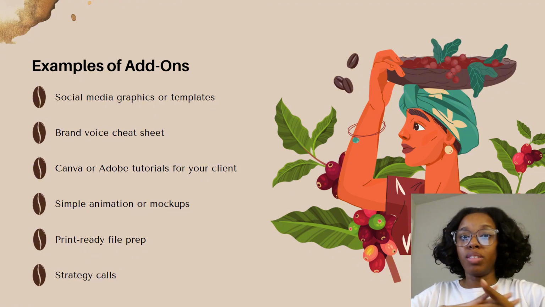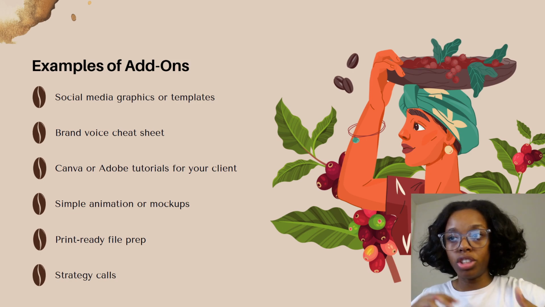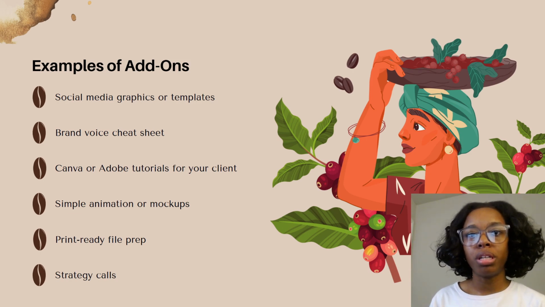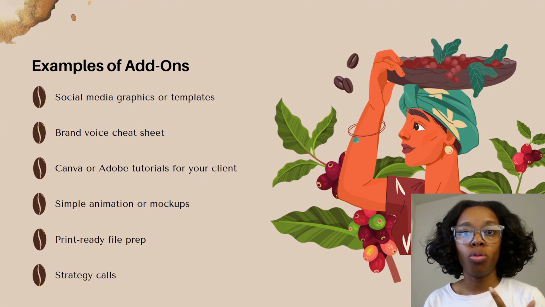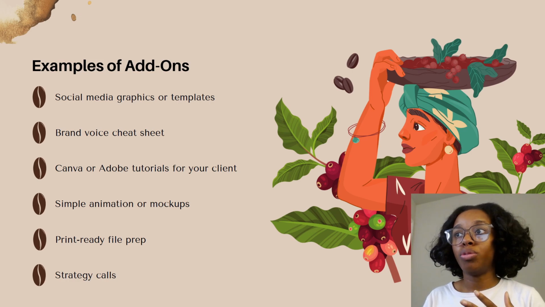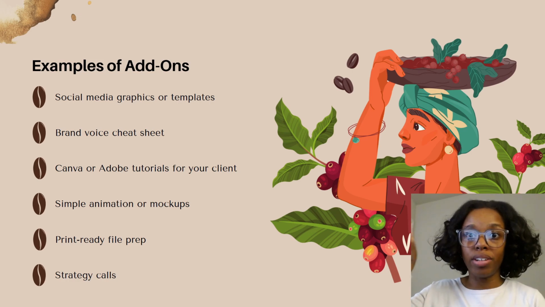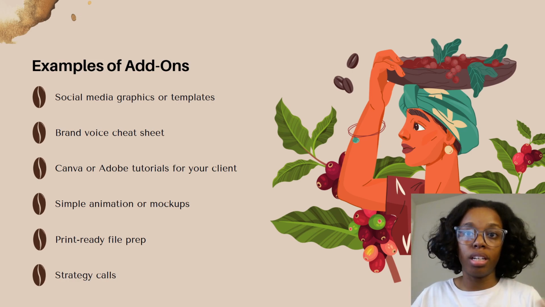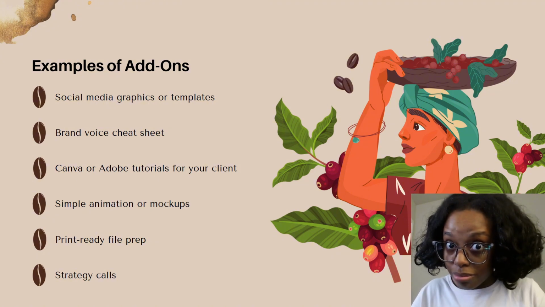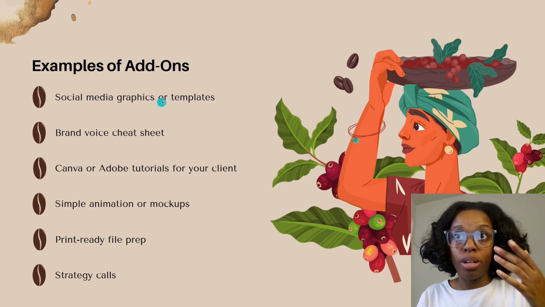So you make it and it's flattened, and you send it as a PNG or a JPEG. When you send it to them, they might say, since I have these monthly, can you send me over a template? They might ask you for your Photoshop document, or the Canva template link. Don't just give it to them. Charge them. That's something that would be an add-on.